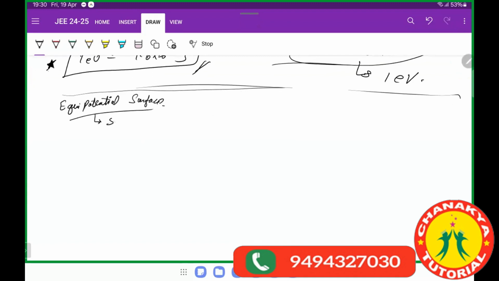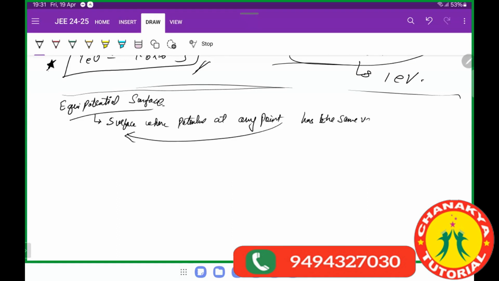A region where every potential is the same. Exactly. Let's rephrase this. Instead of region, we'll say surface. A surface where the potential at any point on this surface has the same value.